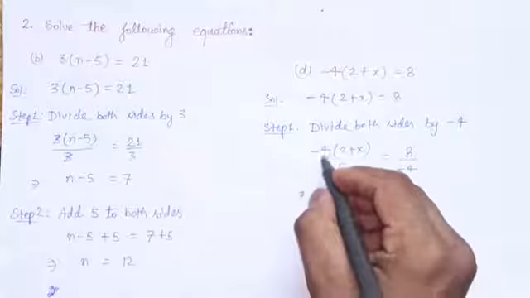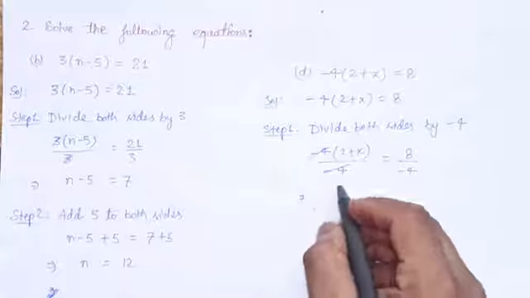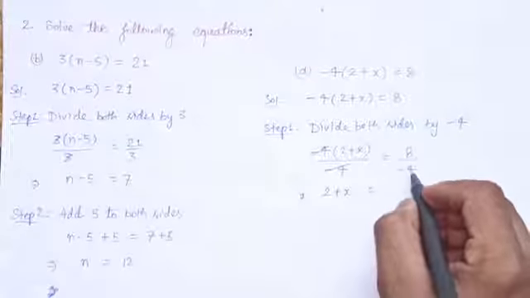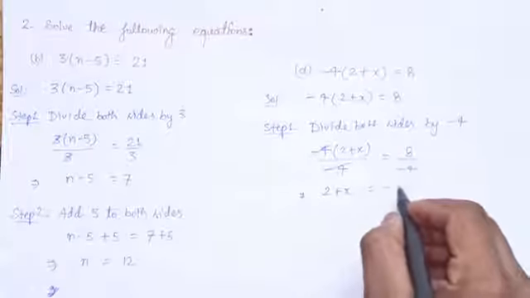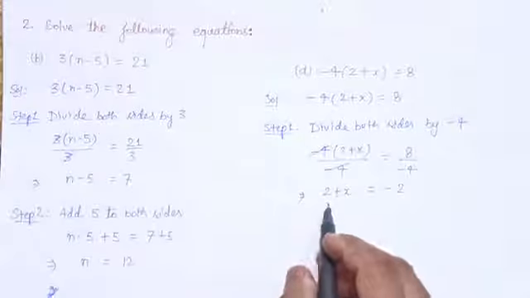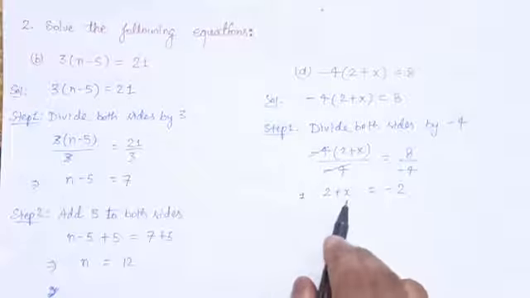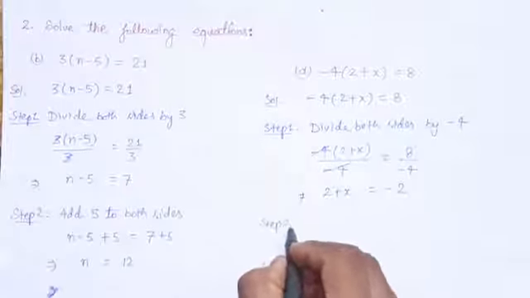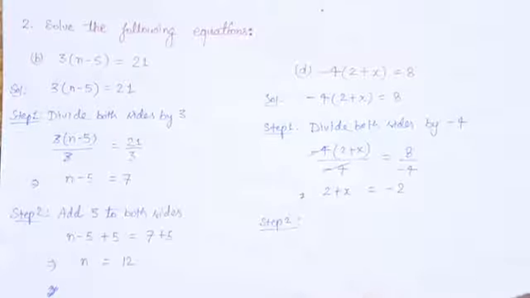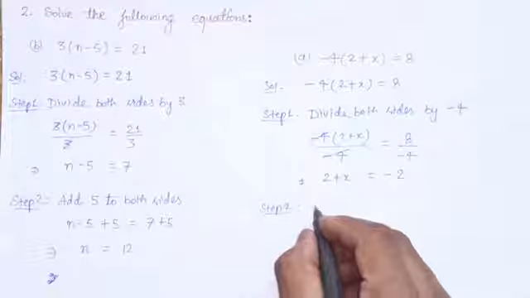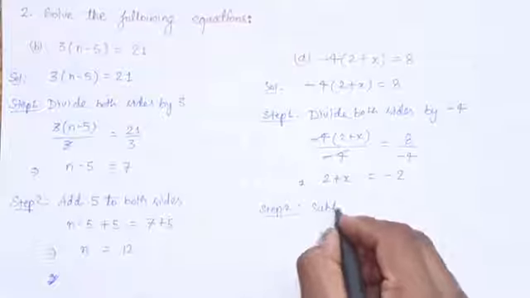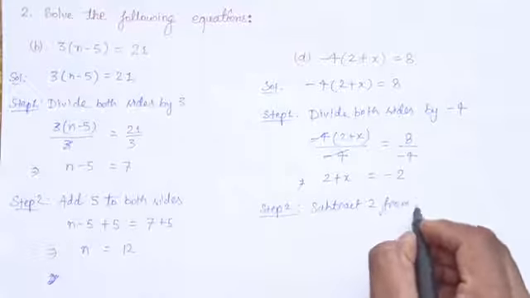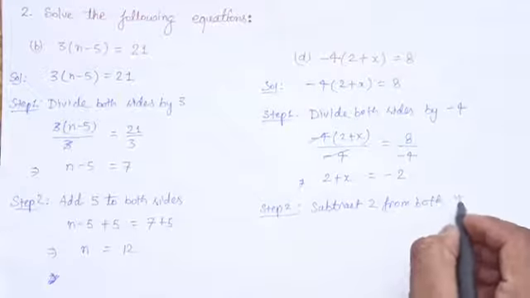So it implies that minus 4 and minus 4 cancel out. So what we have, 2 plus x equals 8 by minus 4, which is minus 2. Now you can see that on the left hand side we have 2 plus x instead of x. So what is our step 2? In step 2 we have to subtract 2 from both sides.